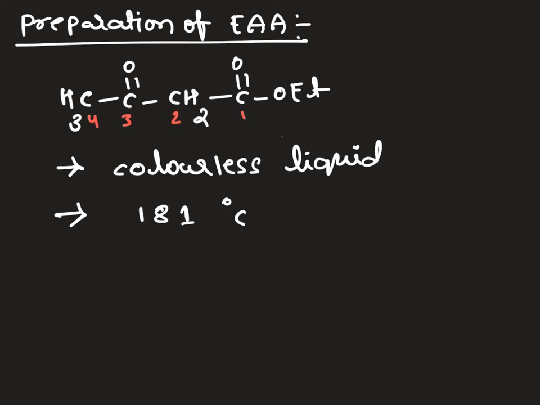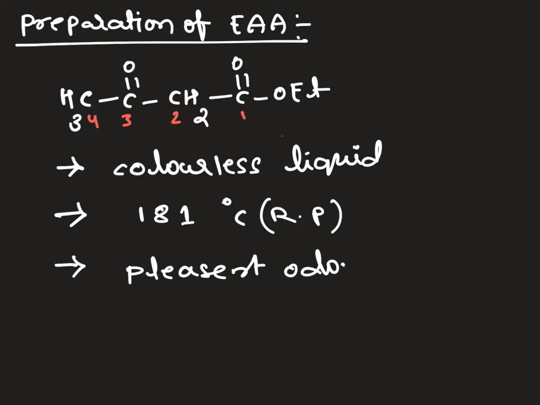If we take it at 181 degrees, it will undergo decomposition. Always we are going with reduced pressure. By decreasing the pressure, we are distilling ethyl acetoacetate, which has an ester functionality. We can feel a pleasant odor. This is the characteristic of physical properties of ethyl acetoacetate.